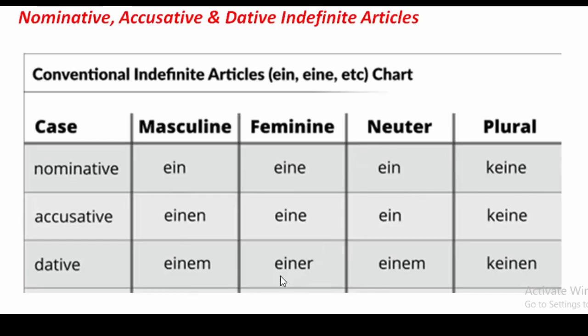Dative case, whether it is a definite or indefinite article, will end on M for masculine and neuter, and it will end on ER if it is a feminine noun. Like here, einer, and these two are einem.